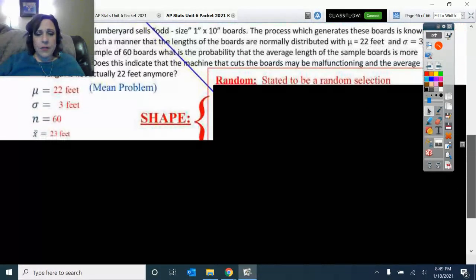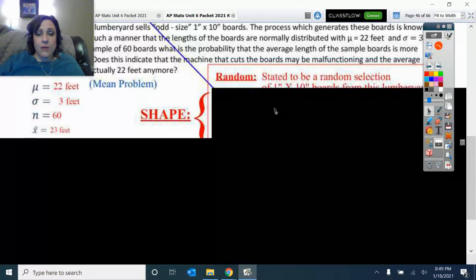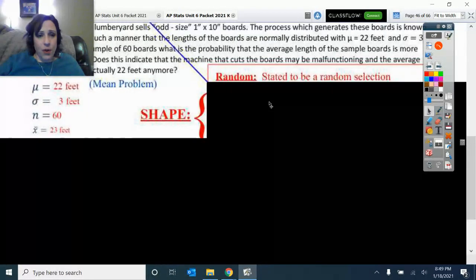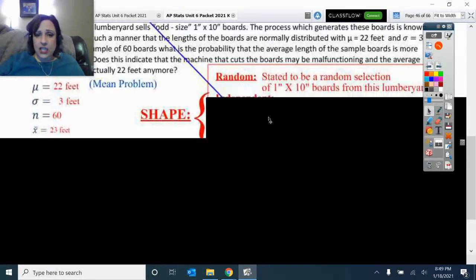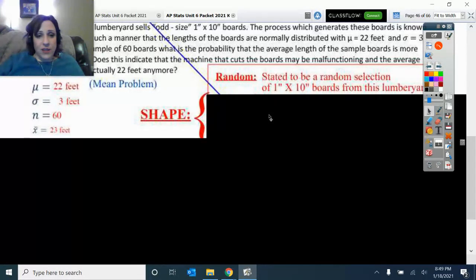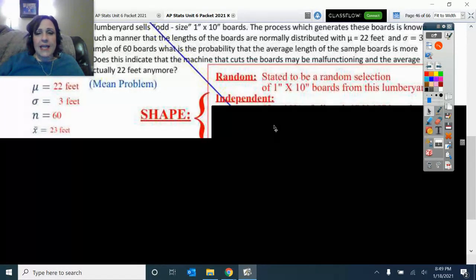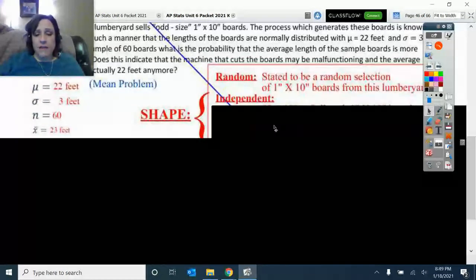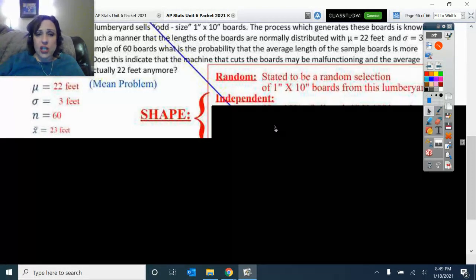Okay. So my random, it was stated in the problem that it was a random selection of the 1 by 10 boards from the lumber yard. Write the word independent, and N is less than 10% of the population. So my sample size is 60 boards.